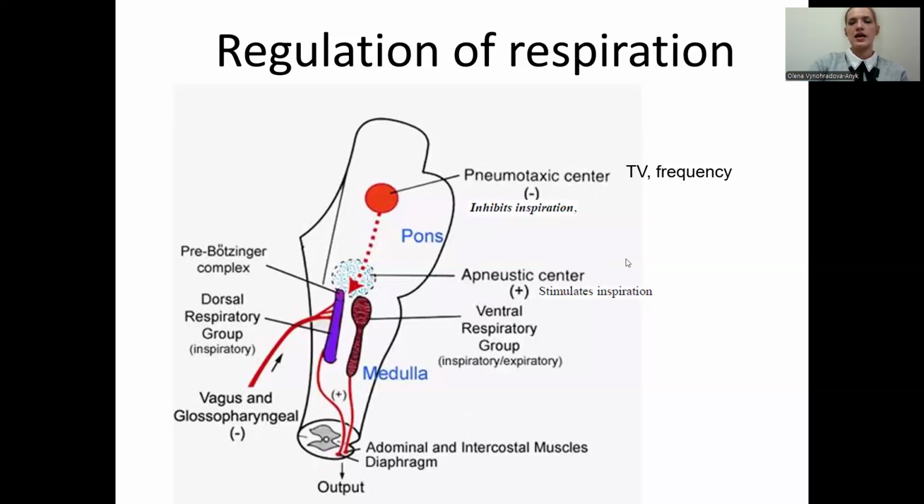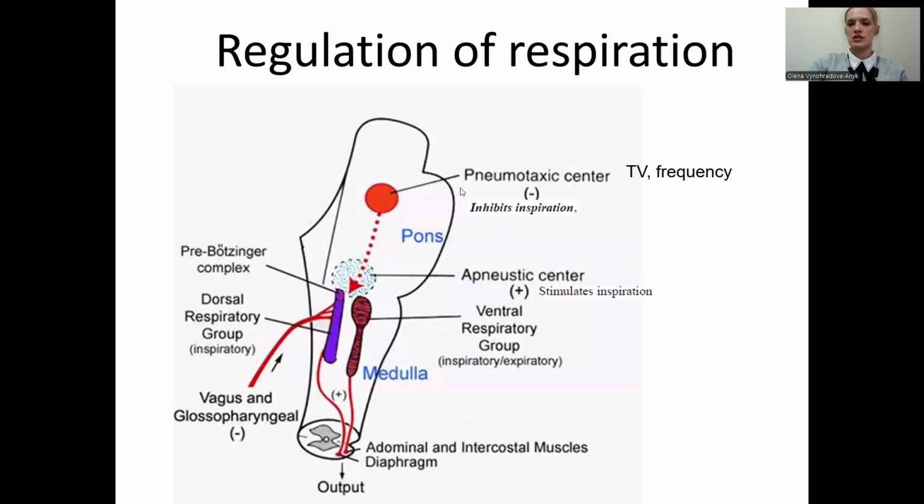The apneustic center stimulates inspiration. Also, above it we have the pneumotaxic center. The pneumotaxic center induces inhibition of inspiration.